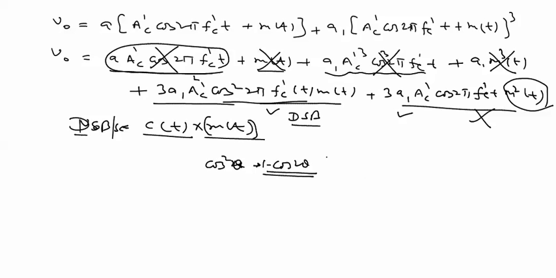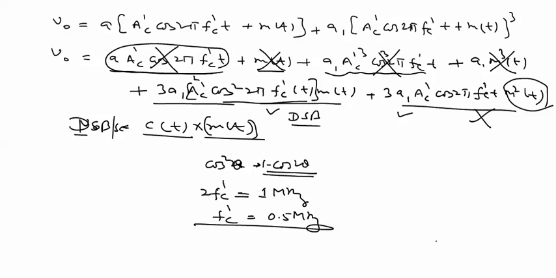Twice fc dash is the component playing the role of carrier frequency, so its frequency equals the carrier component, 1 megahertz. We can finalize fc dash as 0.5 megahertz. Our answer is 0.5 megahertz.